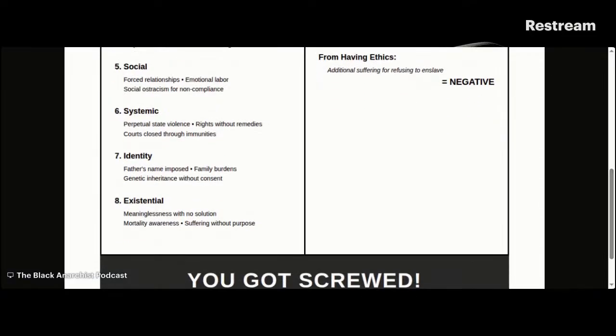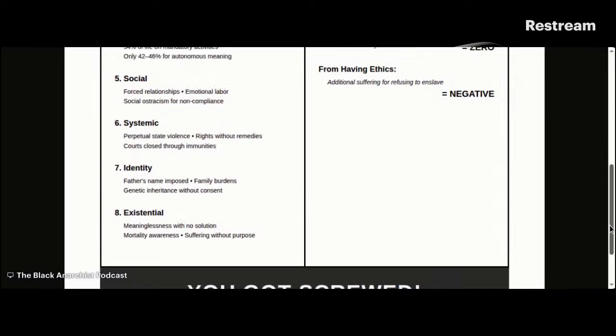Systemic: perpetual state violence, rights without remedies, courts closed through immunities. Identity: father's name imposed, family burdens, genetic inheritance without consent. Existential: meaninglessness with no solution, mortality awareness, suffering without purpose.